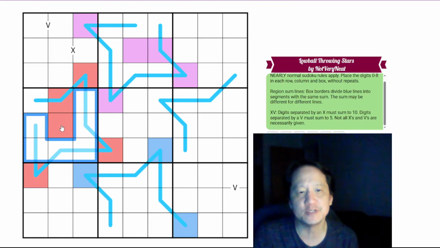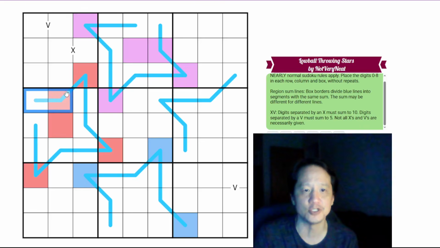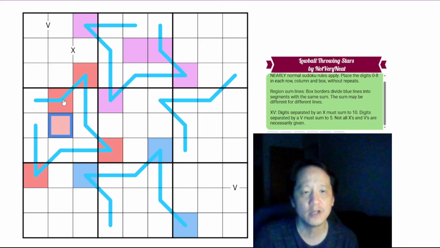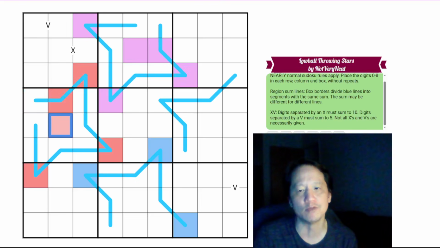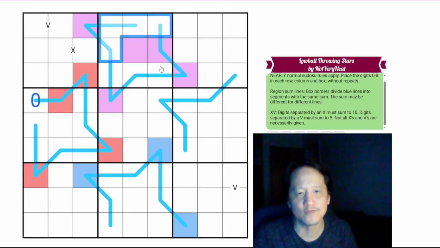And if we have 0 here, therefore red would have to be here, but red plus a non-zero digit is not going to add up to red. So 0 can't be here. So 0 can't be on any of these cells, and it can't be here because then that would be red, and 0 plus another digit is not going to add up to the red digit. So this must be red here, and this is 0. And we have something similar for this box here, right?